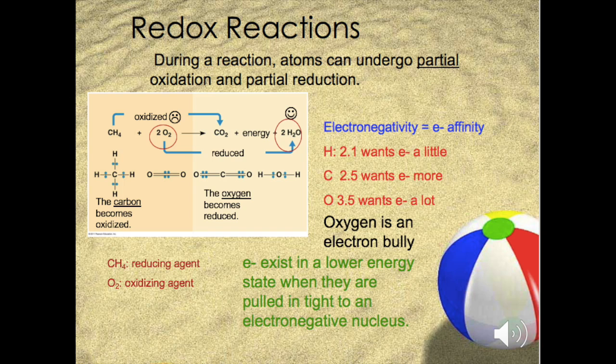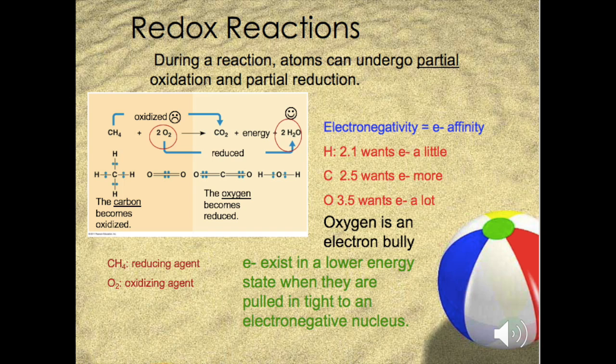So if you look at this diagram on the left, which is from a biology text, it kind of shows the sharing of electrons. On the reactant side, we have methane, which is an organic molecule, and the electrons are shared more or less equally between carbon and each hydrogen, and they're also shared more or less equally between the two oxygens in the oxygen molecule.